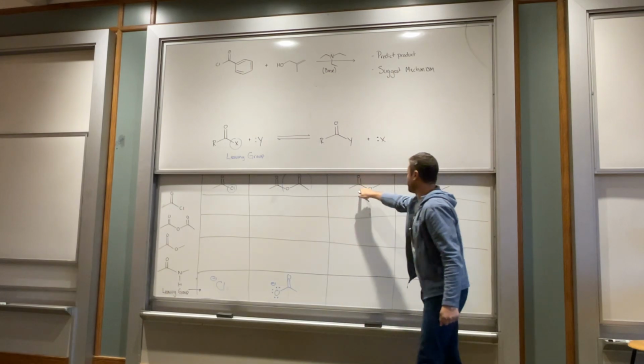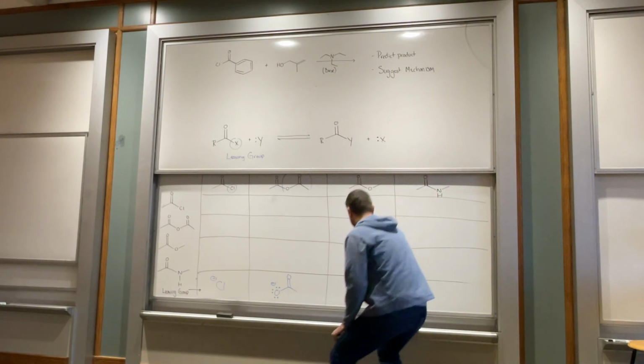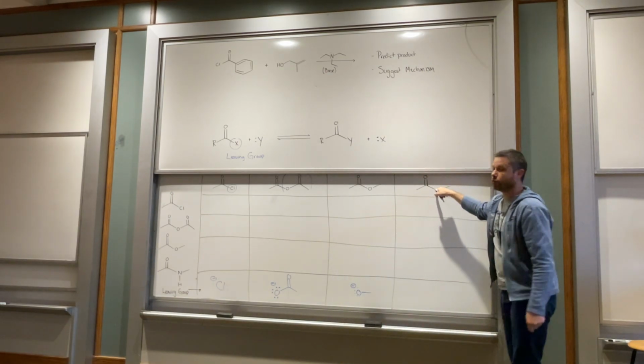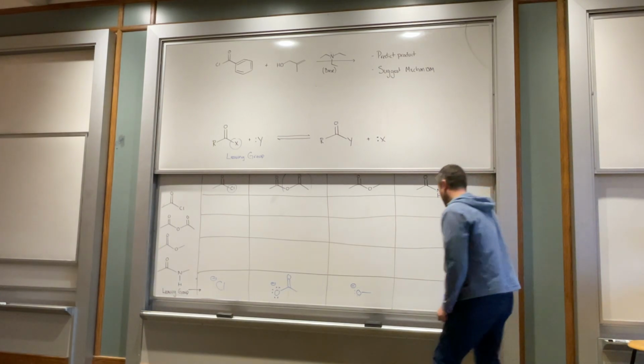On the ester, the leaving group is now alkoxide, right? So a deprotonated alcohol. And then on the amide, the leaving group is an amino group, or a deprotonated amine.